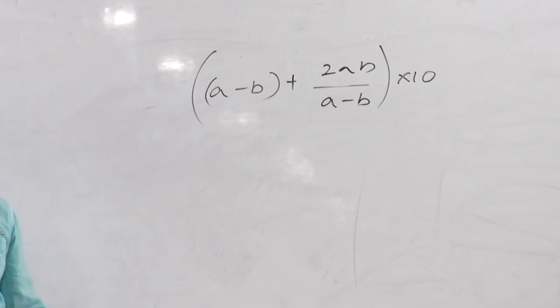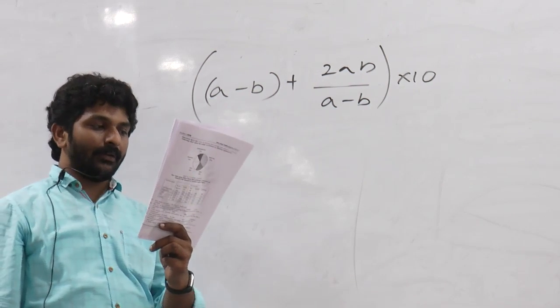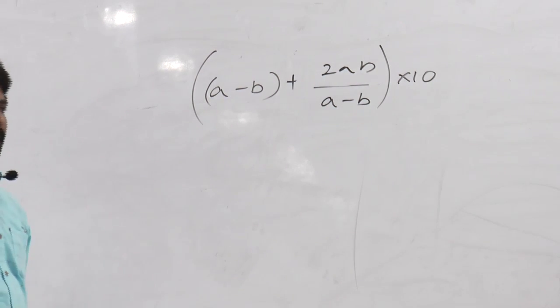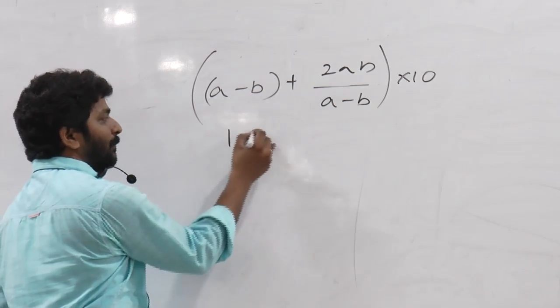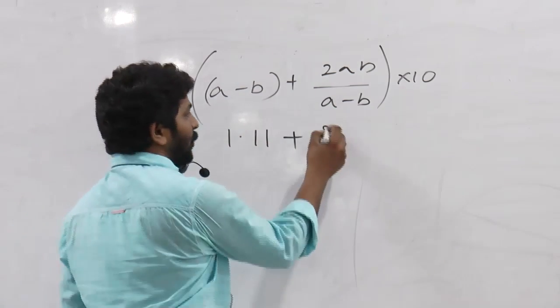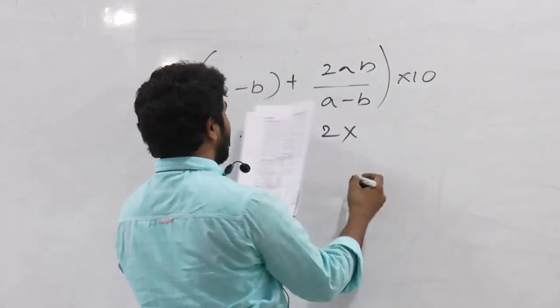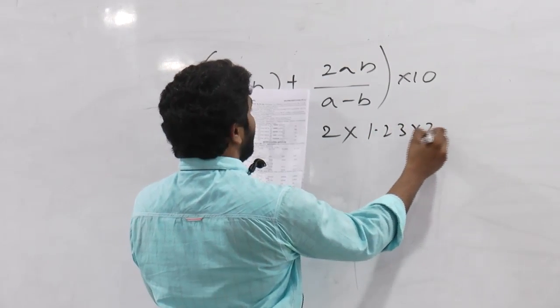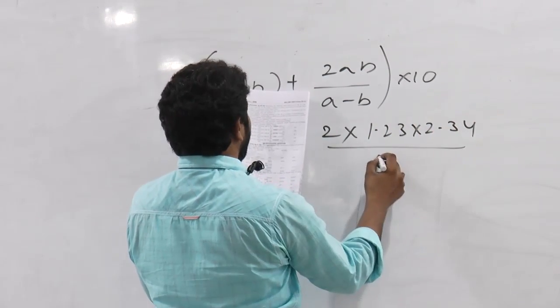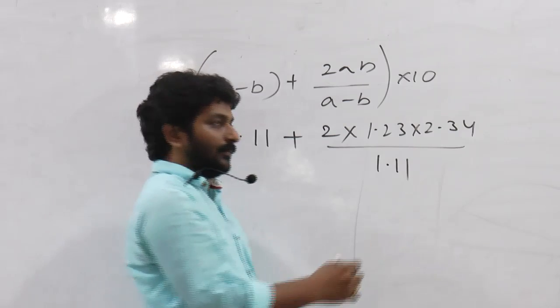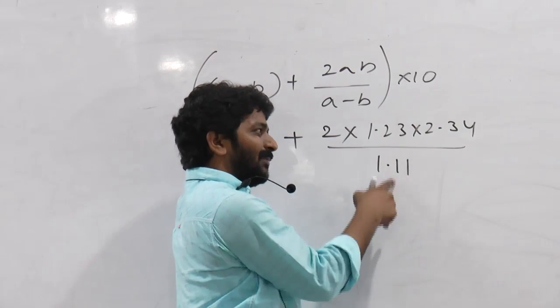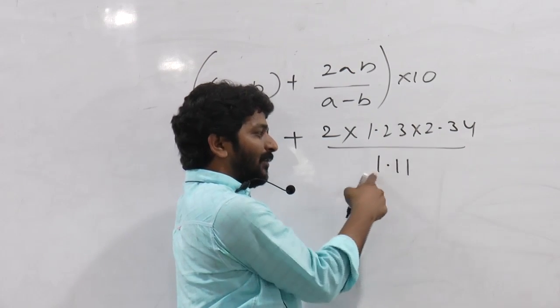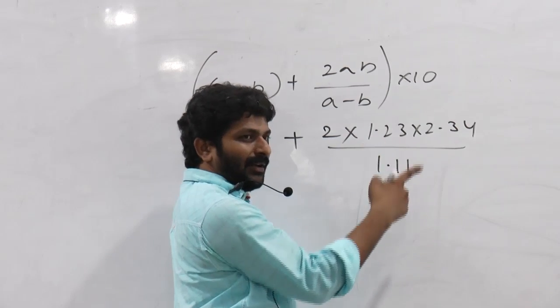Now a minus b value is 2.34 minus 1.23. How much is that? 1.11, plus 2 into 1.23 into 2.34 by 1.11. So this is more than one time, right? 1.23 by 1.11 will be definitely more than 1.